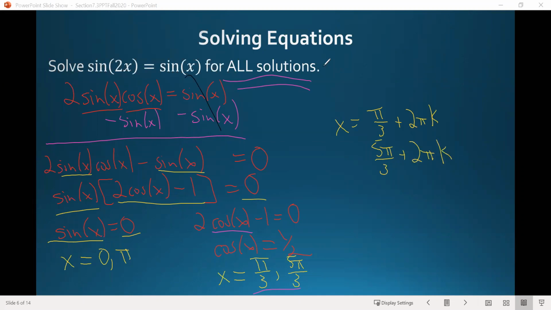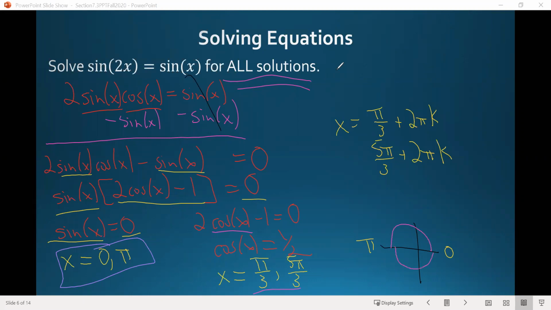And then for the 0 and pi, well, we could do 0 plus 2 pi k and pi plus 2 pi k. But notice if you think about a unit circle, 0 is here and pi is here. If I start at 0 and go a distance of pi, I'd end up at a solution.